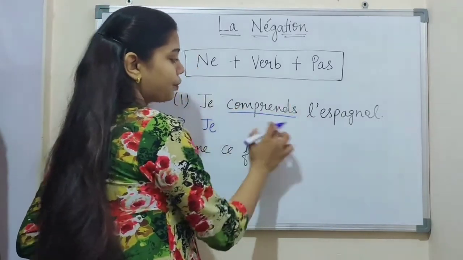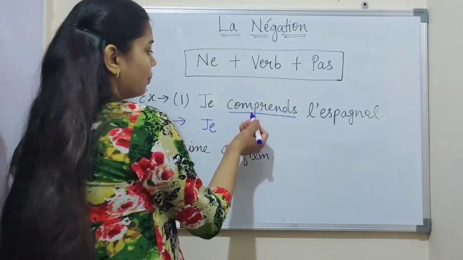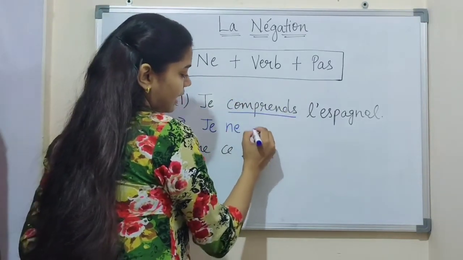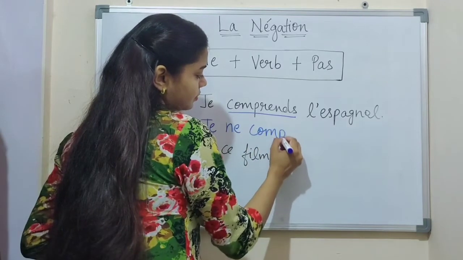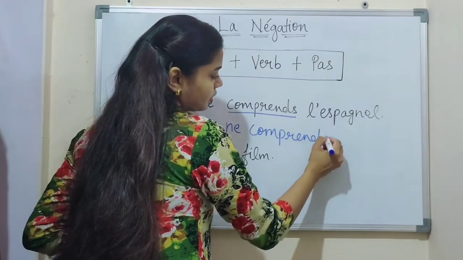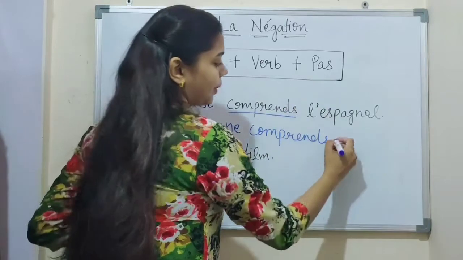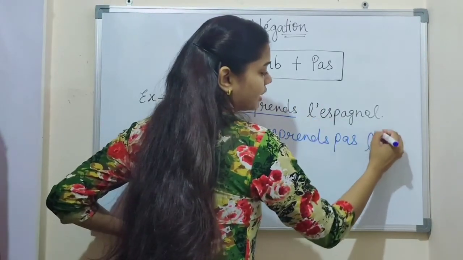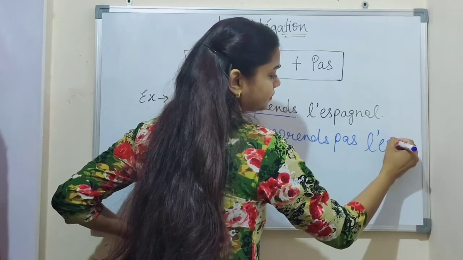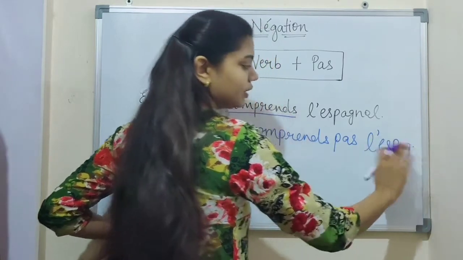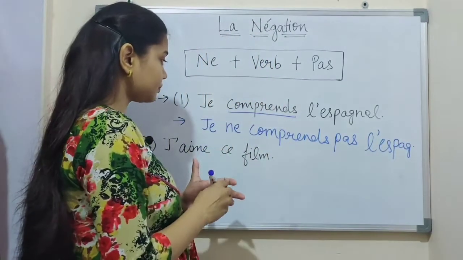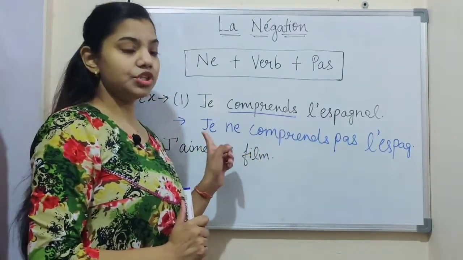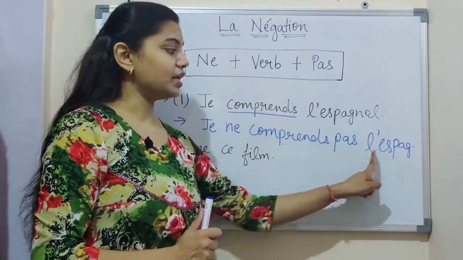Before the verb we add ne, and after the verb we add pas. Then the object, l'espagnol. So je comprends l'espagnol becomes, in the negative, je ne comprends pas l'espagnol.